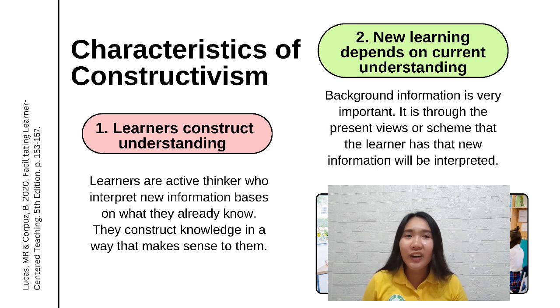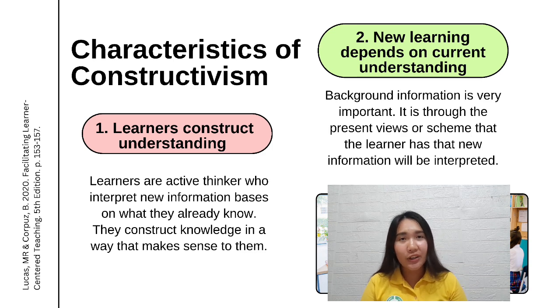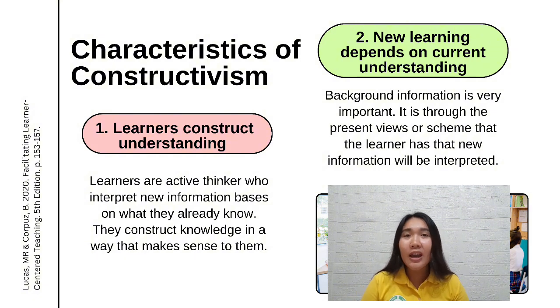Instead, they create their own unique mental models and frameworks for understanding, wherein this process is individual and can vary between learners. For example, imagine a student learning about the solar system. They might already know about the Earth and the Sun.